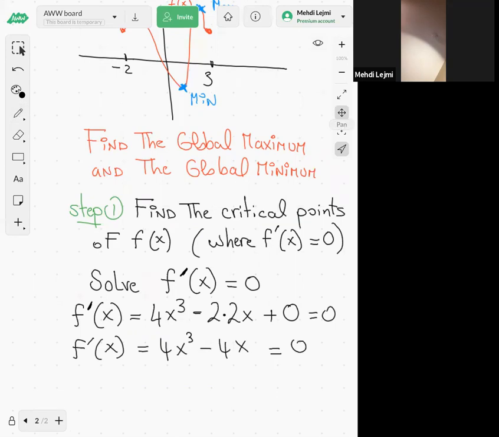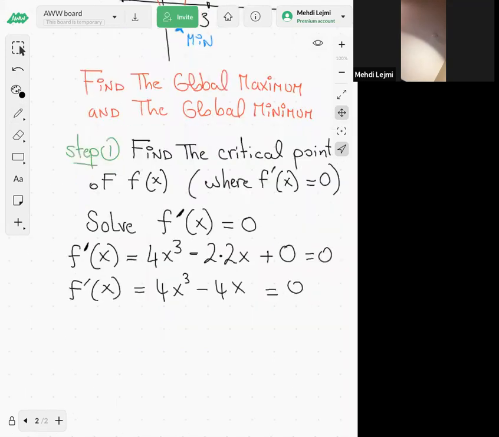So how do we solve this? Well, the highest power of x here is 3, so it's not a quadratic equation. We cannot use the quadratic formula, so we have to factor, right?